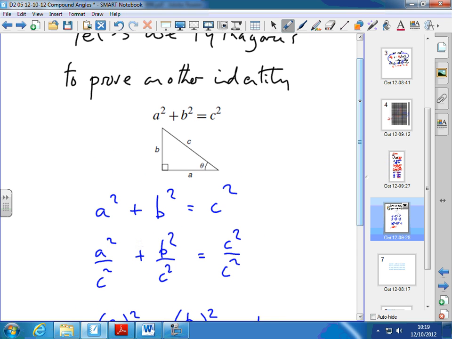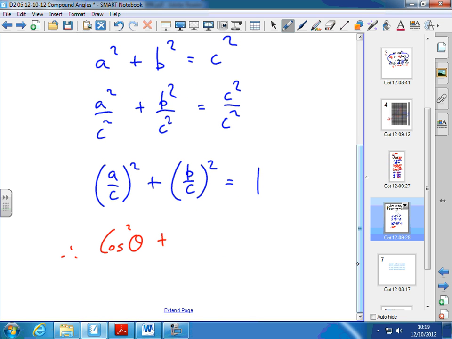What does b over c equal? In terms of theta, b is the opposite, c is the hypotenuse, sine. So instead of writing b over c, I could write sine, but it's squared, so sine squared theta equals 1.